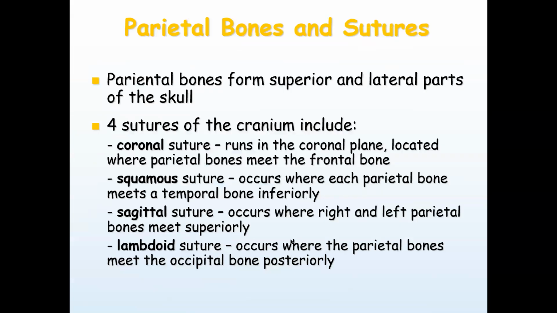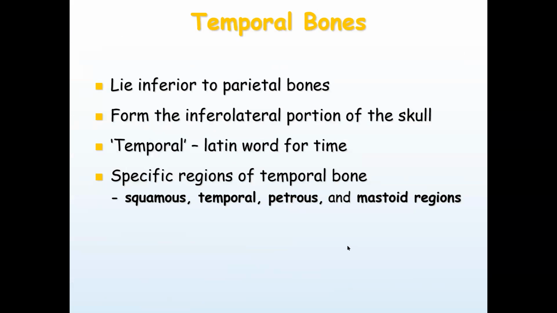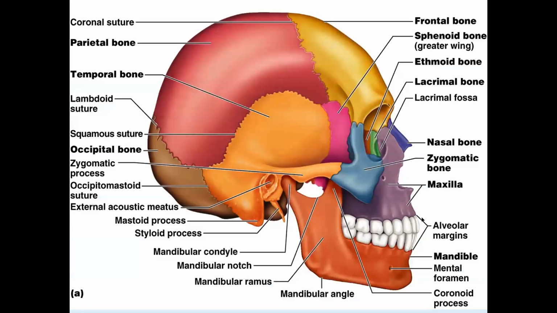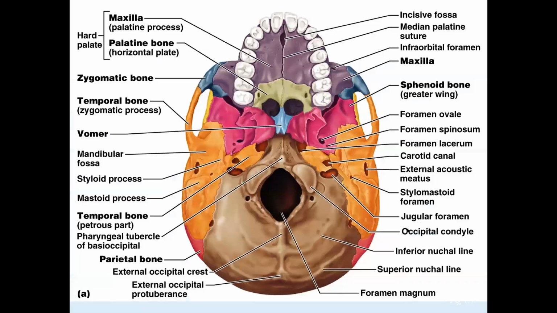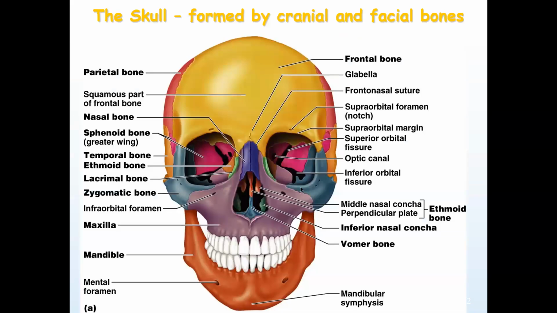Now, obviously, these diagrams will not show the nasal bone, nasal cavity, and the vomer and these things very, very easily. But you should be able to see the vomer from the front. So let's go back to the frontal. Let's see if we can pick it up. Oh, here we go. So here's the vomer bone.